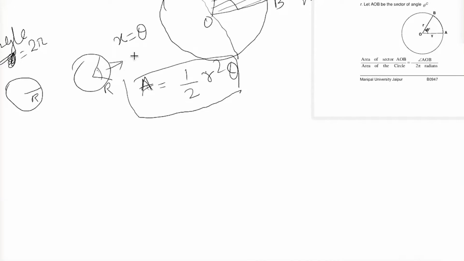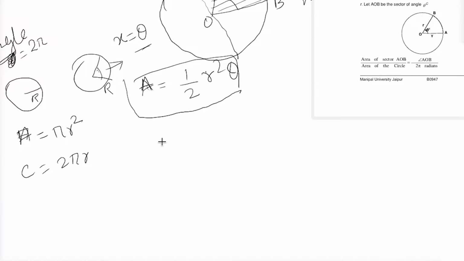We don't know, but it may be 30 degrees, 60 degrees. So this circle has area equal to pi r square, and circumference 2 pi r.